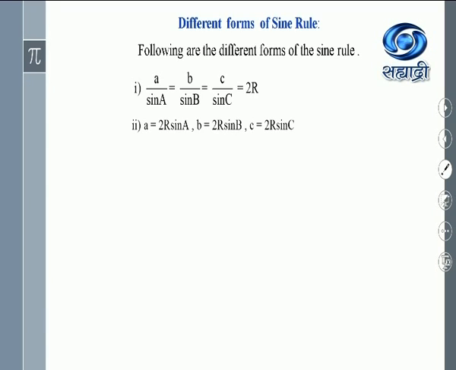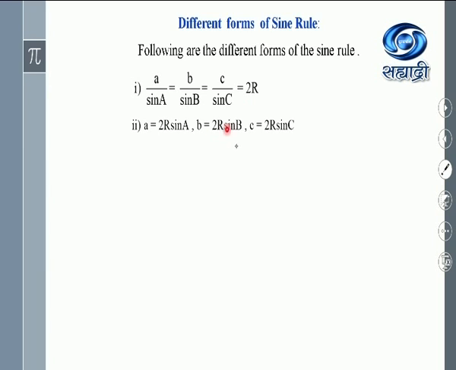Now the second form you have to remember, see how. If I consider a upon sine A is equal to 2R, cross multiply sine A with the RHS. Then you will get a is equal to 2R sine A. Similarly, consider b upon sine B is equal to 2R and cross multiply sine B with the RHS.